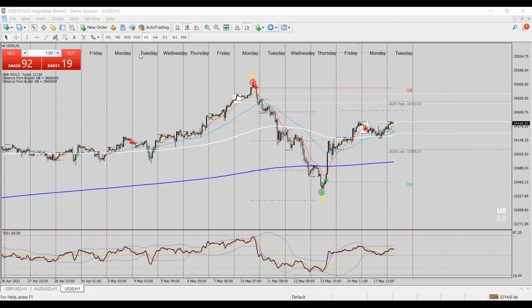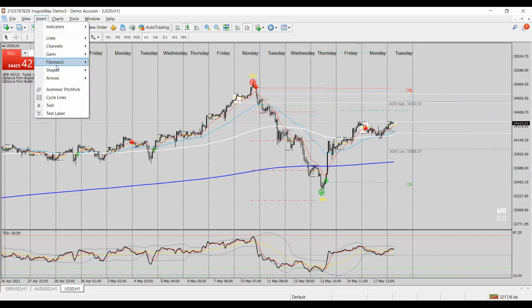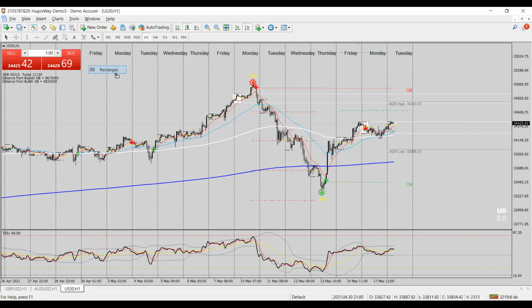Okay, now let me show you real quickly how you're going to manually add your lines to your chart. Now, this indicator is telling me ADRs for 45,315. So I can literally draw a square here and make that 45.